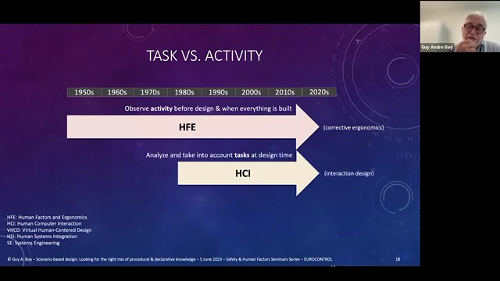So the people developed task analysis methods, and they included that in the design of user interfaces. In this case, I mean the computing user interfaces, the desktop and others. And what was designed there is interaction design, human-computer interaction design.